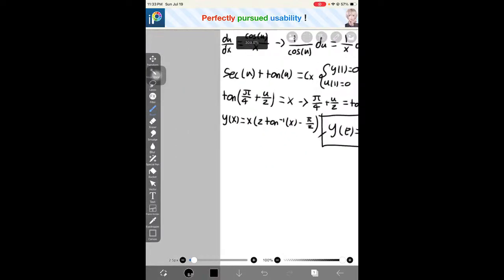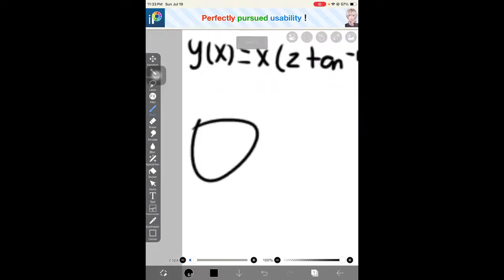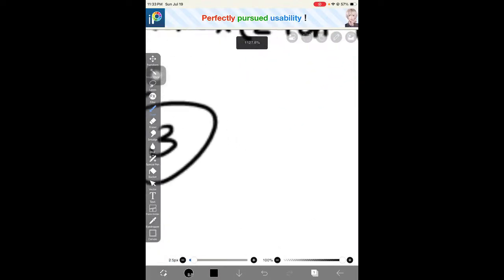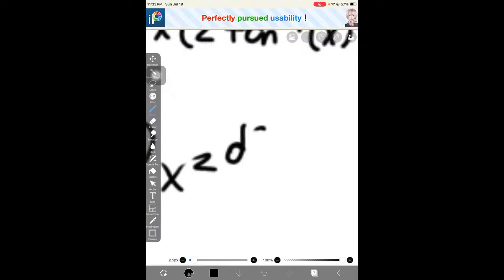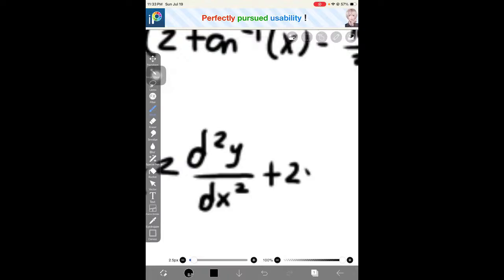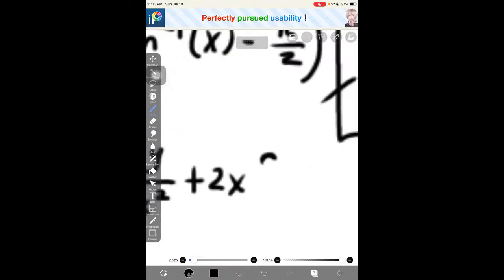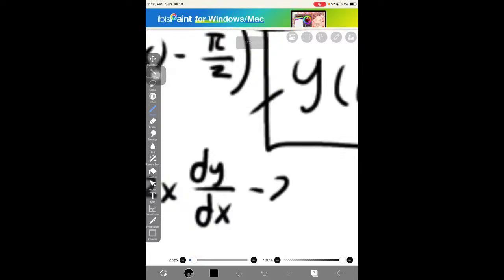Now here is the hard differential. This was yesterday's hard differential, right? So I need to solve this following differential equation. Alright?